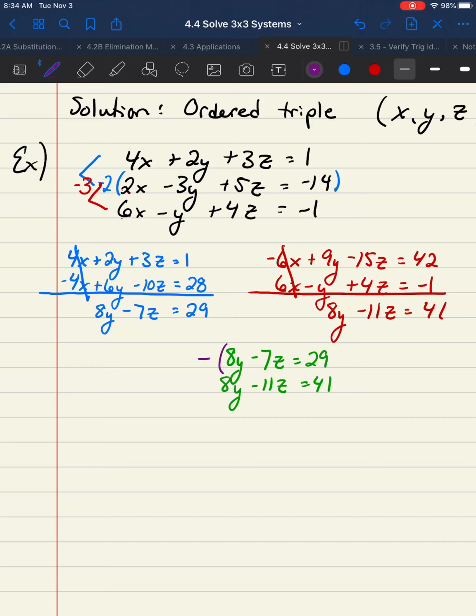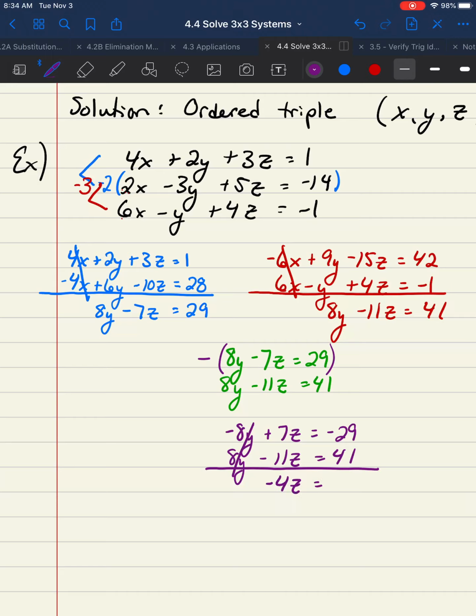So now I'm going to get rid of y. I'm going to multiply this top equation through by a negative, because I need my y's to have opposite signs. I'm leaving the second equation alone, because now when I combine, my y's cancel.